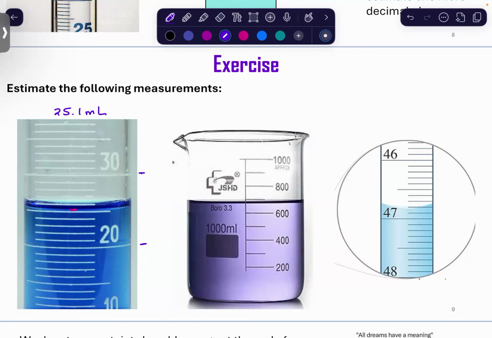The beaker, you see that the subdivisions are quite a bit greater. So I see I have 600 there, 800 there. That means that that line there has to be 700 milliliters. So really all I know definitely is that first number there, which means I'm going to have to estimate that number. So the second number is what I'm going to estimate.